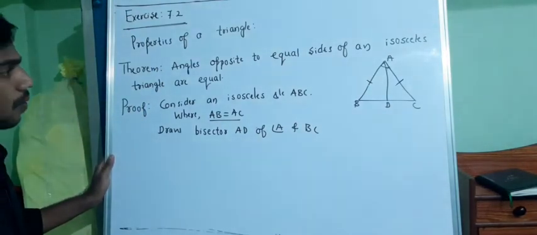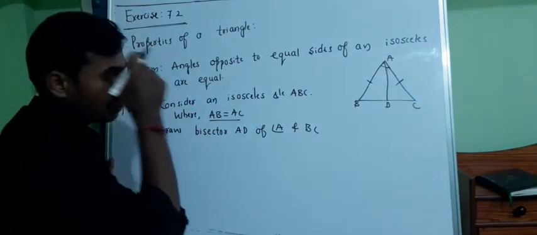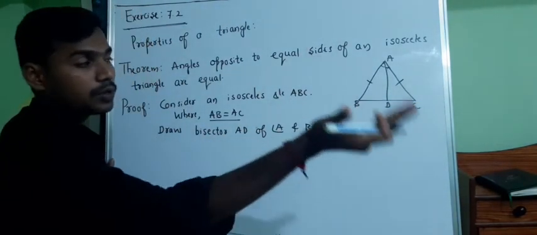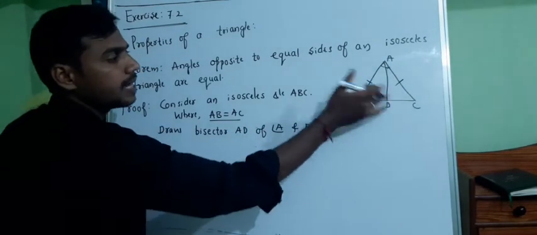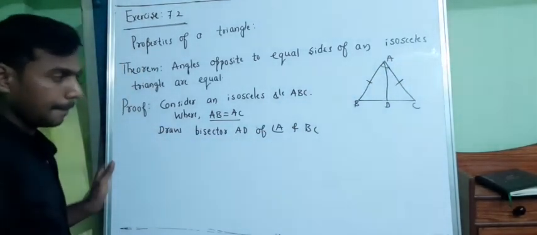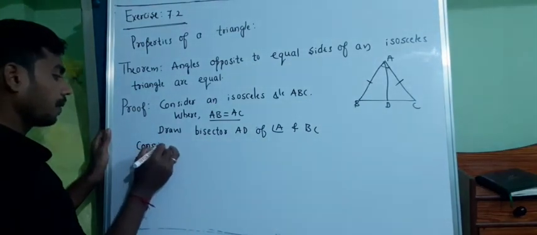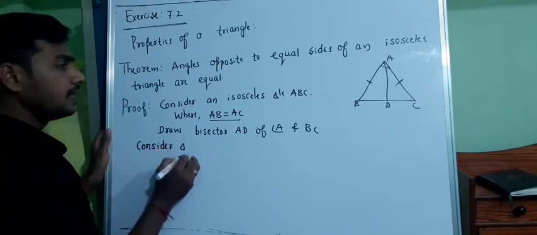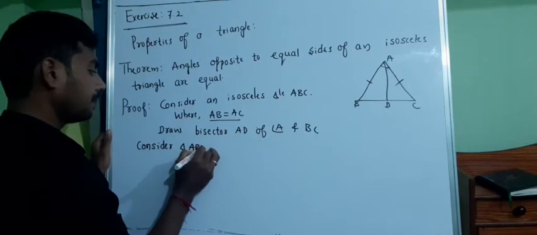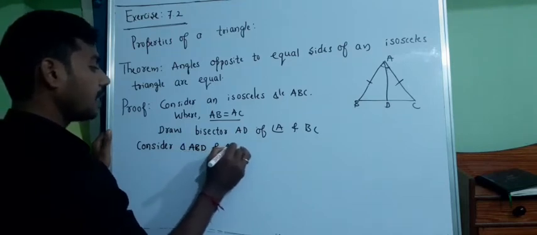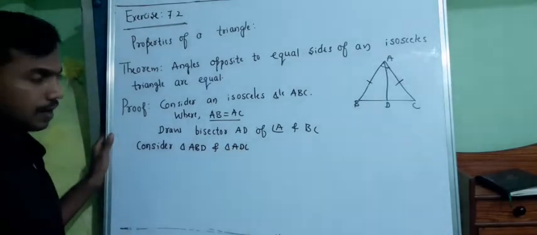Now what do we need to prove? We need to prove angle B is equal to angle C, because these two are the angles opposite to the equal sides. See, AB and AC are the equal sides and B and C are the angles opposite to them. Now consider triangle ABD and triangle ADC.